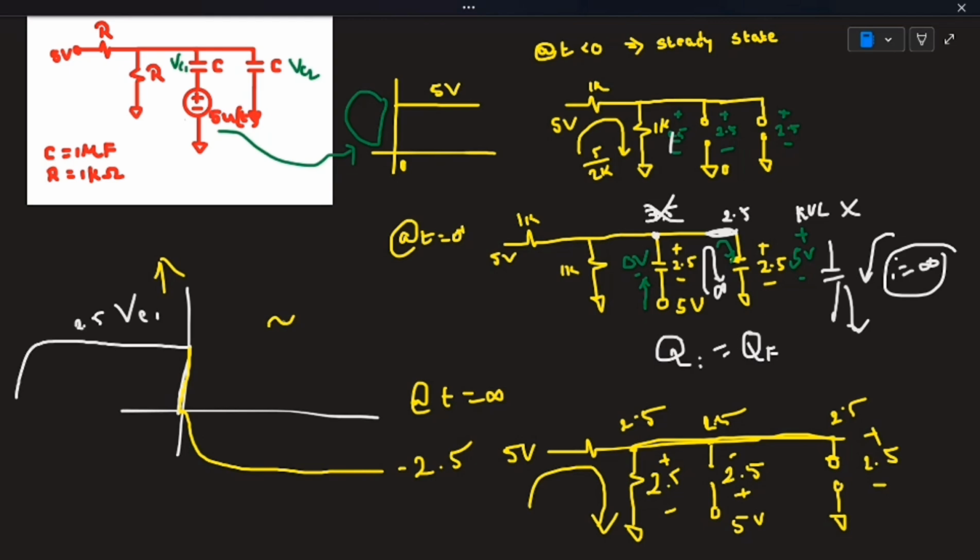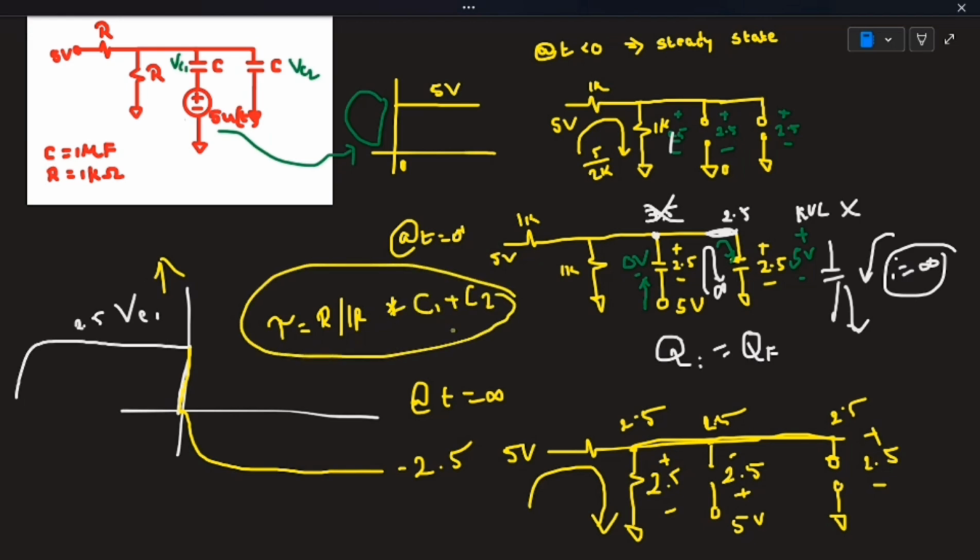It will get settled by tau. Tau is determined by the two resistors in parallel with C1 and C2, which are also in parallel, so they get added. You can calculate the tau value.